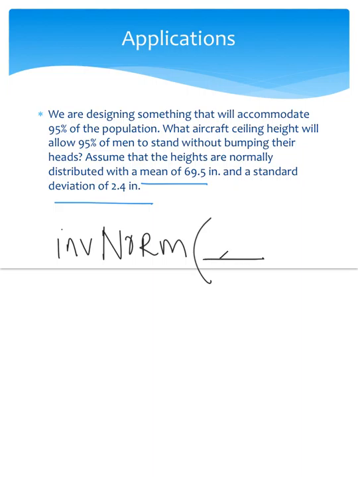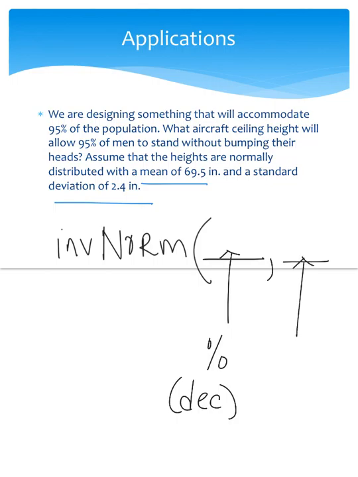The first piece is going to be the percentage, but you're going to put it in as a decimal, comma. The second piece of data that you need to put in is going to be your mean. And then the last piece of data that you're going to put in is going to be the standard deviation.